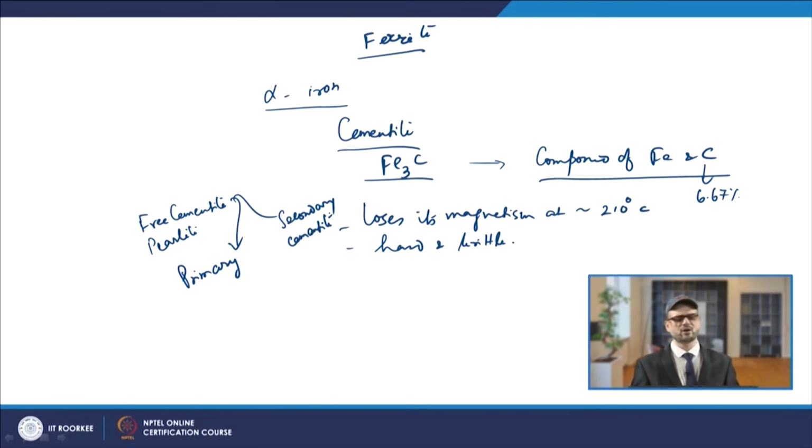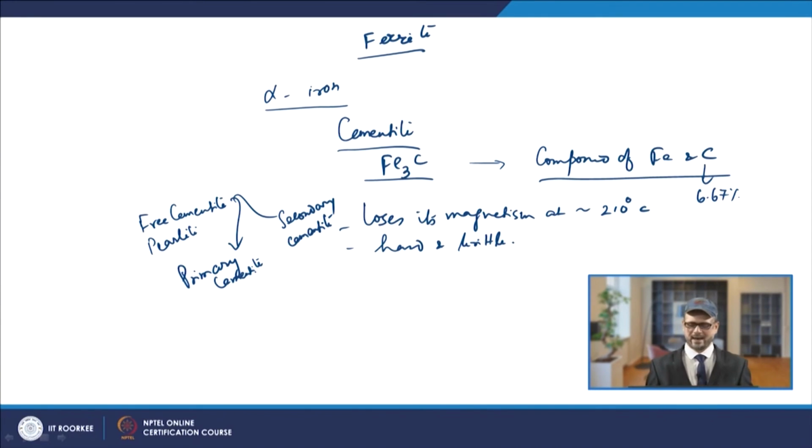When we talk about primary cementite, it solidifies directly from the melt, and it occurs in the form of hard needles. So, that is your primary cementite, and you will see a needle type of structure in those cases. Now, the secondary cementite precipitates in the solid.